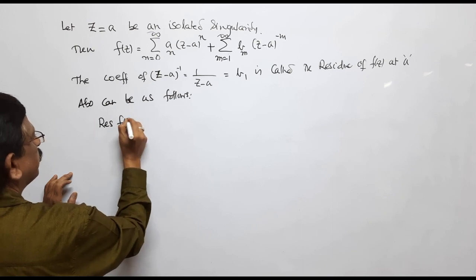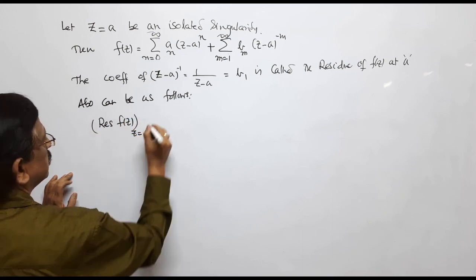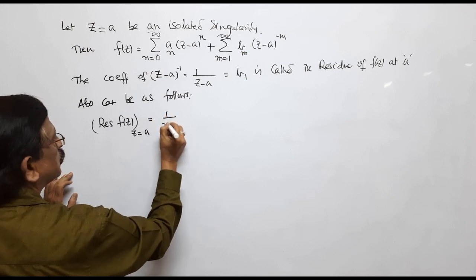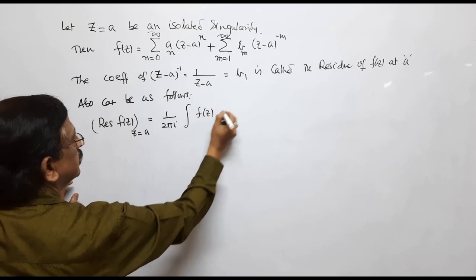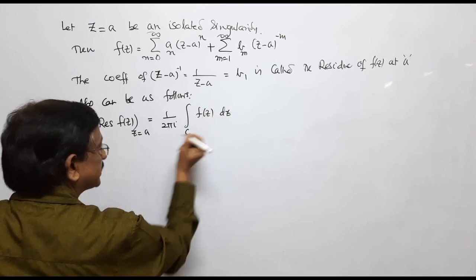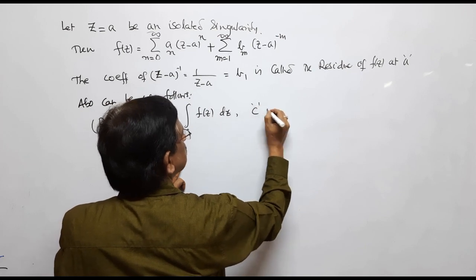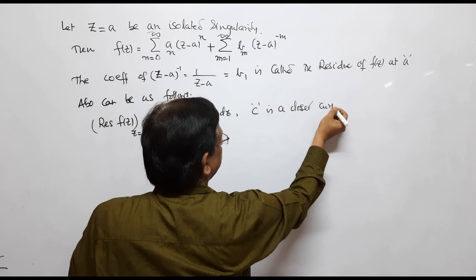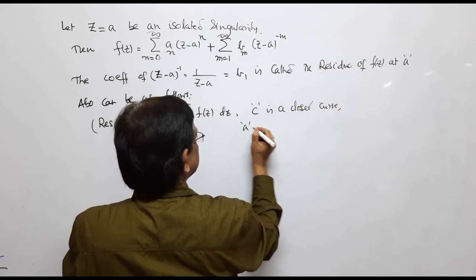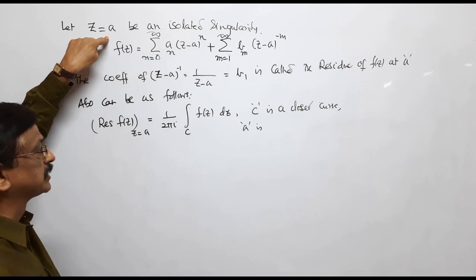The residue of f(z) at z = a is 1/(2πi) ∫ f(z) dz over C, where C is a closed curve and a is already given as an isolated singularity.